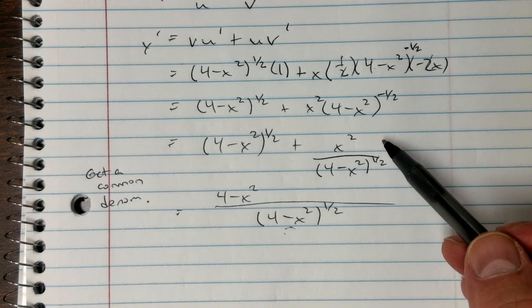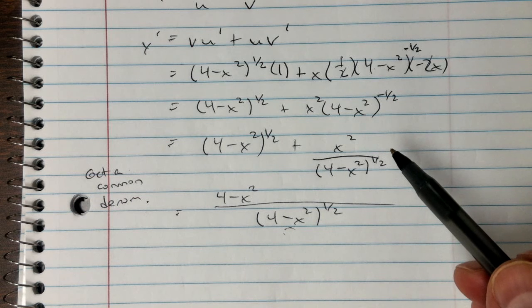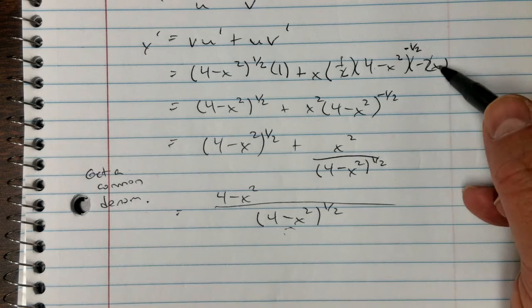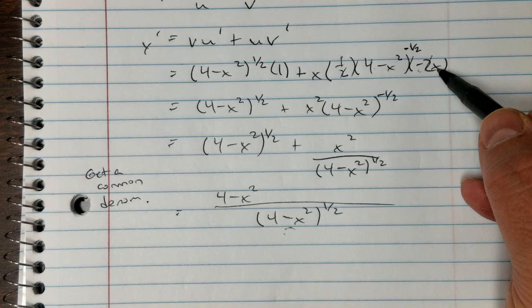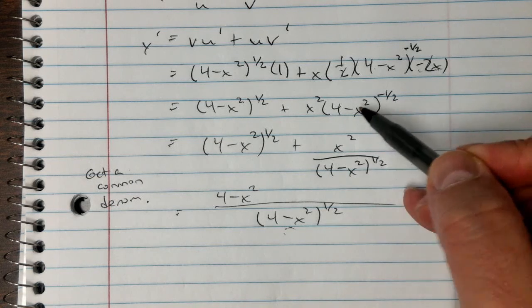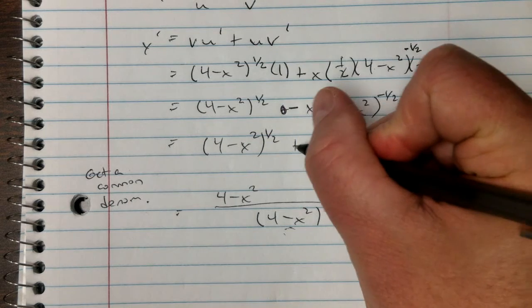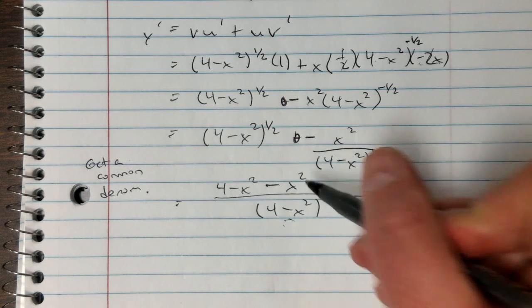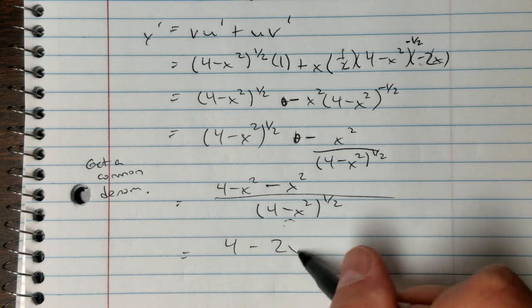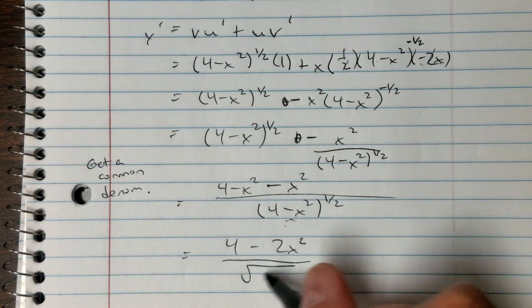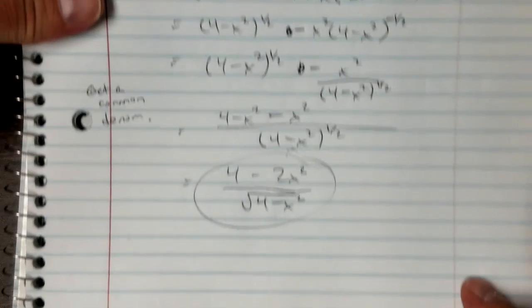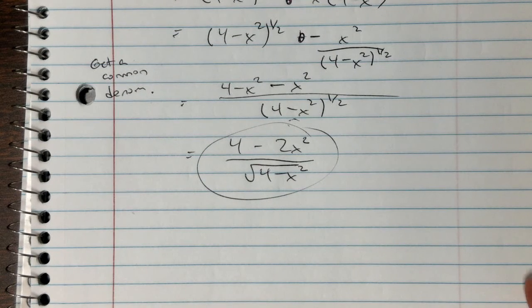And then plus x squared. So here I had a negative 2x, and I forgot to bring my negative sign over. Okay, so it's like that. So this turns into 4 minus 2x squared over the square root of 4 minus x squared.